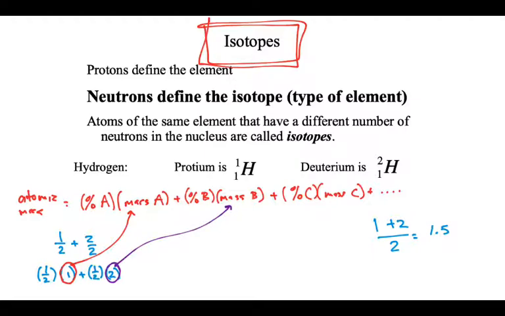I still don't see a percent here. What does percent mean? Out of 100. Per division 100. Okay? So that 1 over 2 needs to be out of 100, right? How would I get it out of 100 but still be 1 over 2?